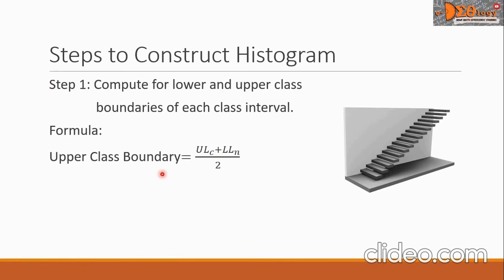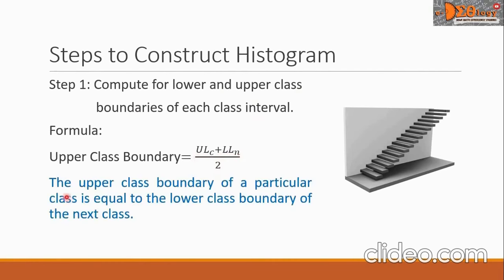The upper class boundary is equal to UL sub C, where UL means the upper limit of the class interval, plus LL sub N, which is the lower limit of the next class interval, all over 2. The upper class boundary of a particular class is equal to the lower class boundary of the next class.